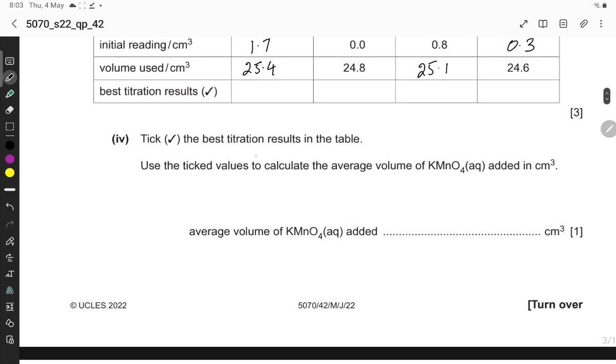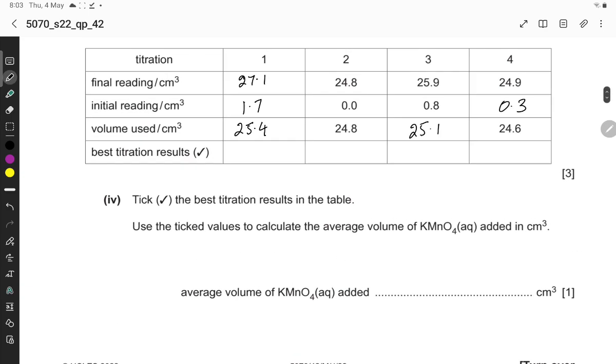Take the best titration results in the table. Use the ticked values to calculate the average volume of KMnO4 added in centimeter cube. So we must take the two closest readings: 24.8, 25.1, 24.6.